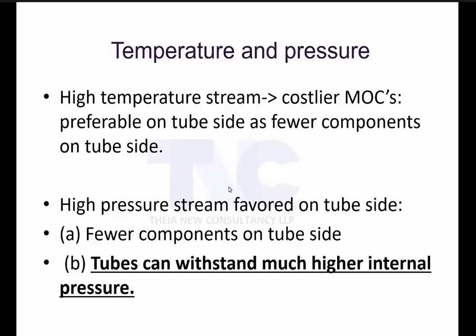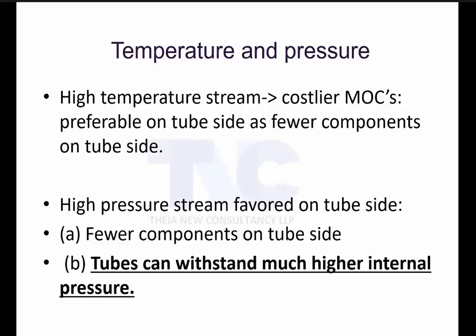Now pressure, same thing. What happens when I have a high pressure fluid? I need more thickness. Is it better to have more thickness on the shell side or tube side? Always tube side, right? On the tube side you can have more thickness, but if you send the high pressure fluid to the shell side, the shell has to be made thicker.